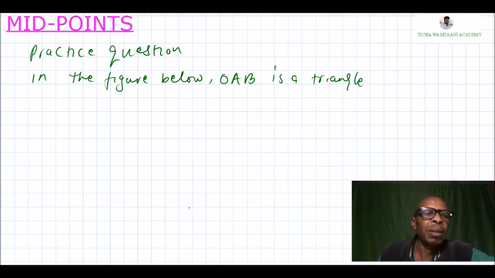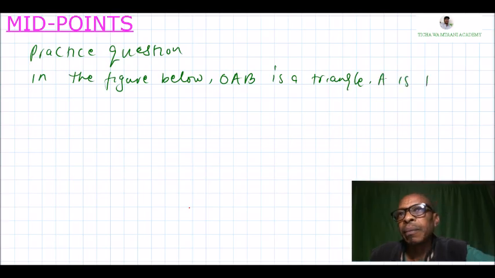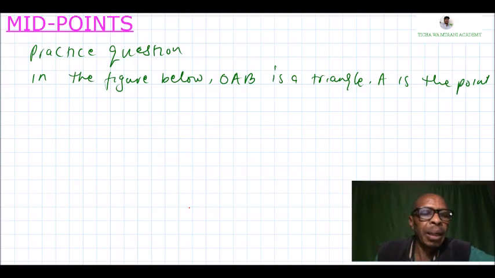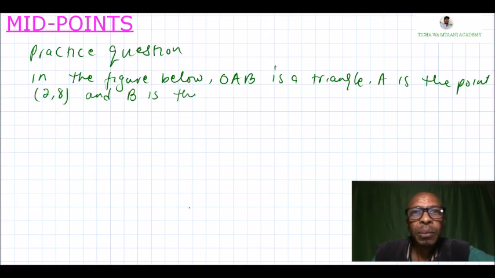A is the point 2, 8, and B is a point 10, 2.